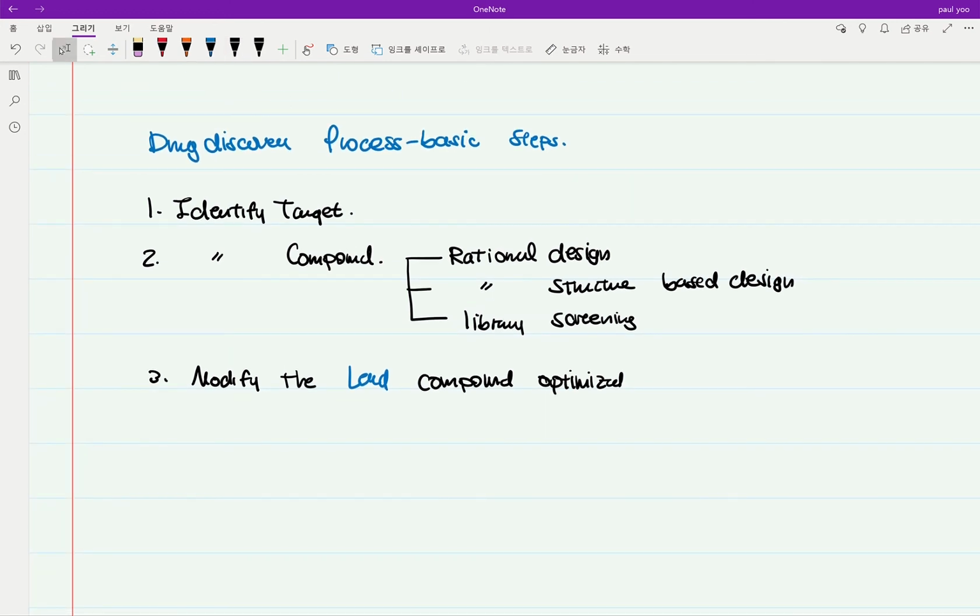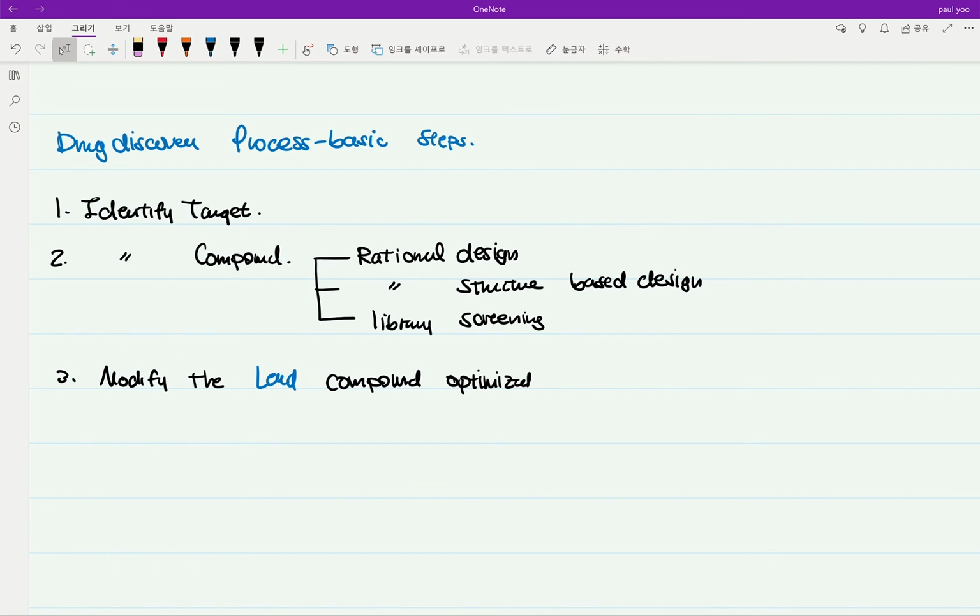Okay, then let's talk about the 1, 2, 3 that I've written here. As an example, penicillin has a target of the cell wall of bacteria. To identify a compound, we look for molecules that interact with the target, which is in the very beginning of the process. In rational design, it mimics the intermediate, and some previous info.